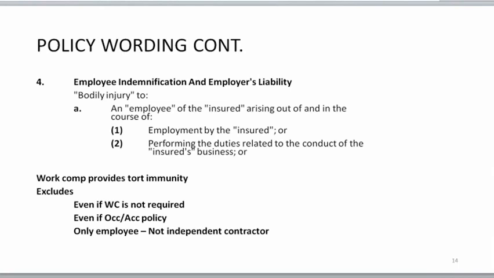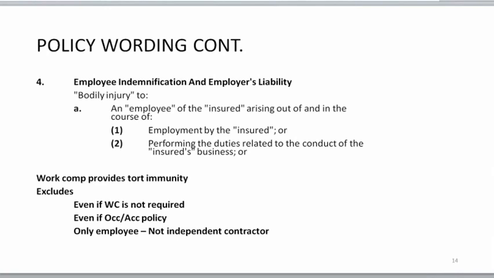So if the independent contractor gets hurt and the insured's negligent, we'd have to respond to the independent contractor suit involved in the auto crash. If they get hurt, we'd have to respond to them if our insured is negligent, because again, it only includes employees.